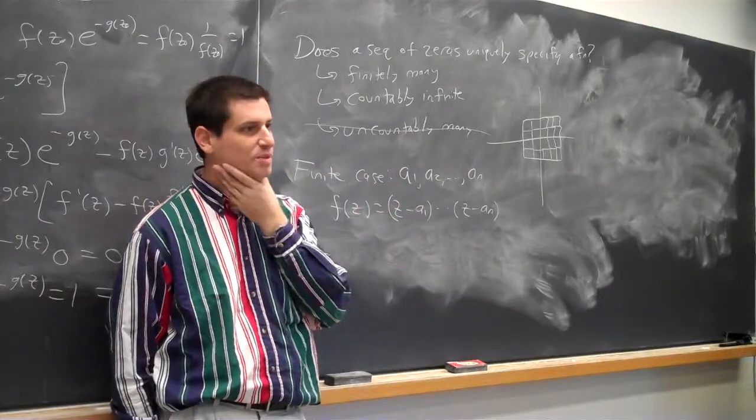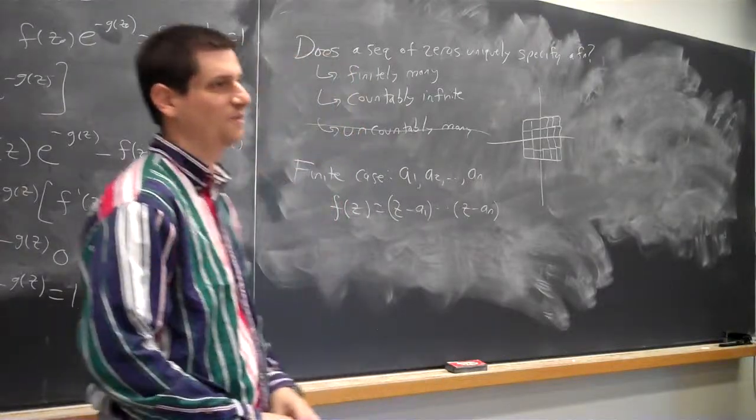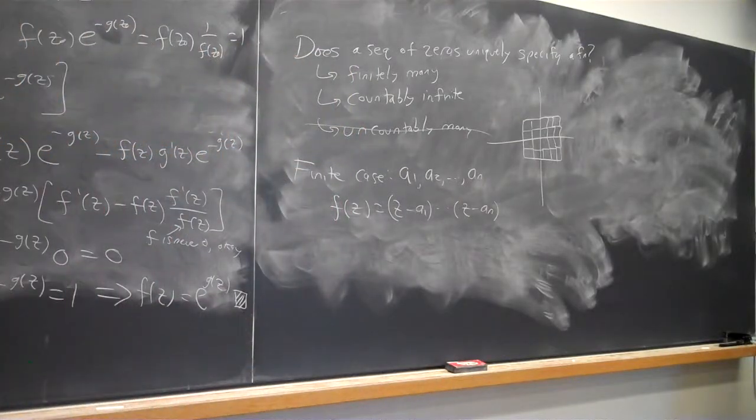Exponential. Could I multiply by anything other than a constant or an exponential? Why not? Because it changes zeros, and if it doesn't have zeros, you can write it as an exponential. So the thought is that if I try to do anything else, I would introduce a 0 somewhere.